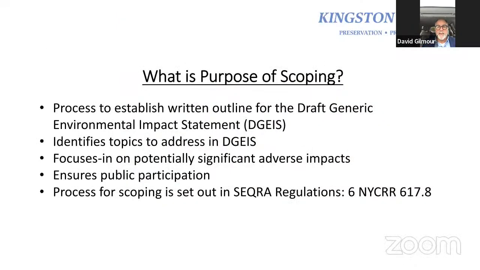Next slide, please. And so I hope I've given you a sense of what scoping is. It's the process to establish the written outline for a draft generic environmental impact statement. It's identifying topics to address in the DGEIS, and we're endeavoring to identify the data that we'll collect and use within our analysis. It focuses on the potentially significant adverse impacts, with an objective, in how the SEQR law is written, to try to find ways to minimize those potential effects.